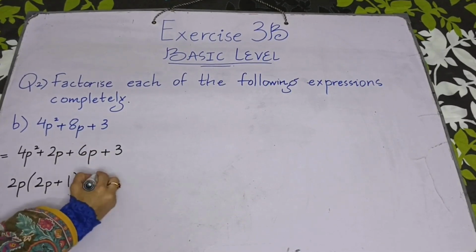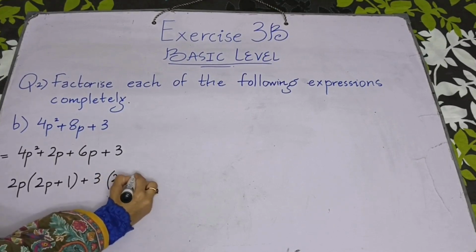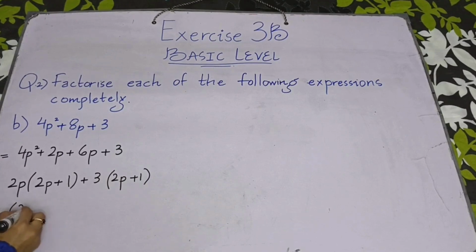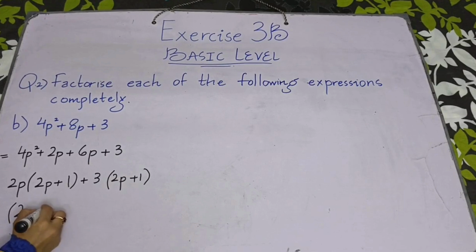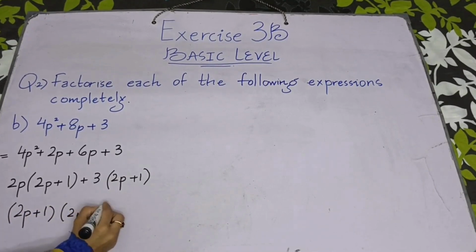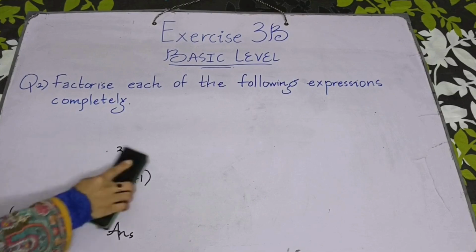Here the common will be 3, 2p plus 1. Both the brackets are same. 2p plus 1, 2p plus 3. So the answer is solved.